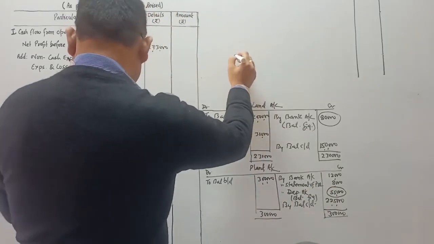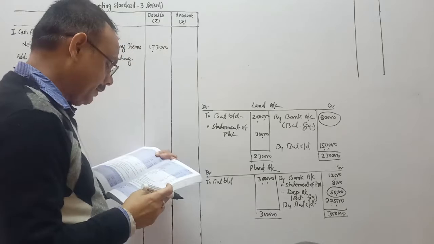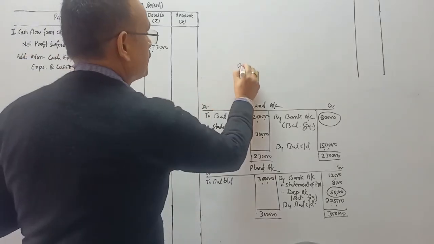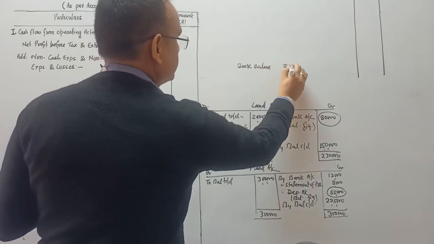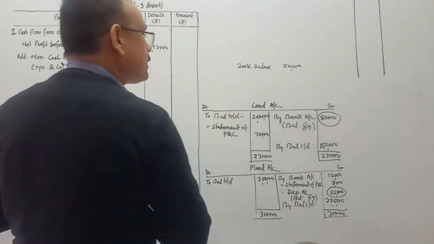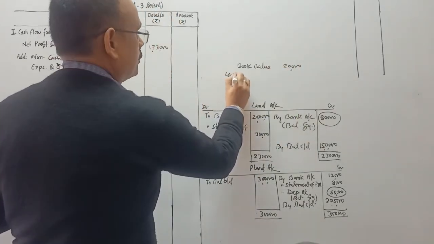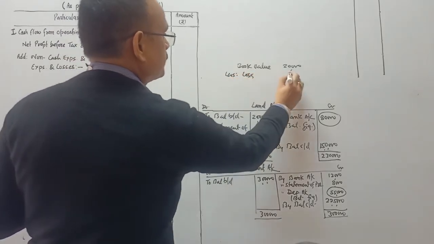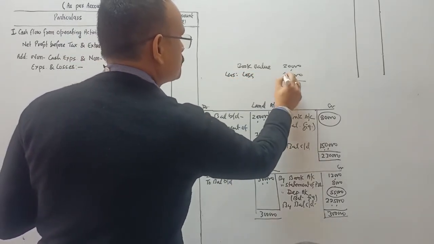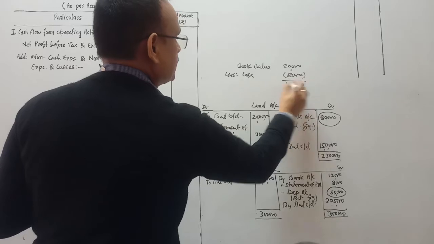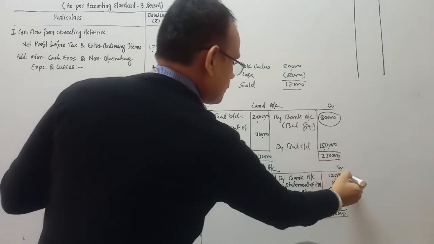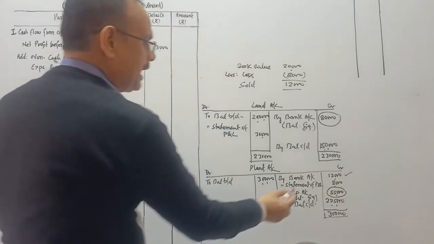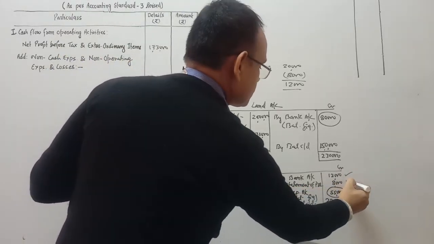Information number 3: the book value of the plant is 20,000. It is sold at a loss of 8,000. It means plant is sold for rupees 12,000. So 12,000 by bank account, by statement of P&L 8,000, this is the loss.